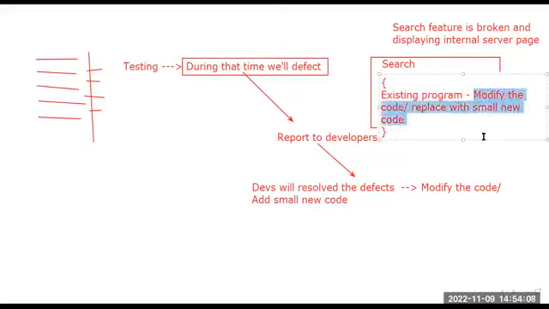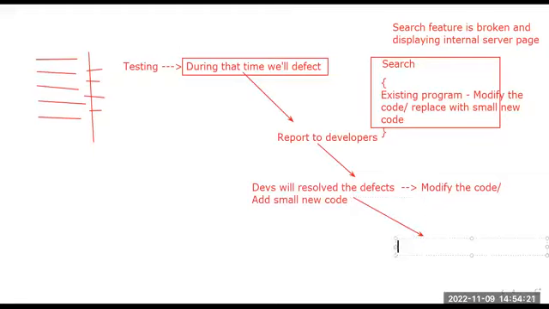As soon as they modify it, they will definitely say, okay, we have resolved the defect. Yes or no? Developers will say that, right? So once they resolve it, developers will say, now we have resolved the defect. Okay, the defect is resolved. And who has resolved it? Our developers only. All of you understanding this?